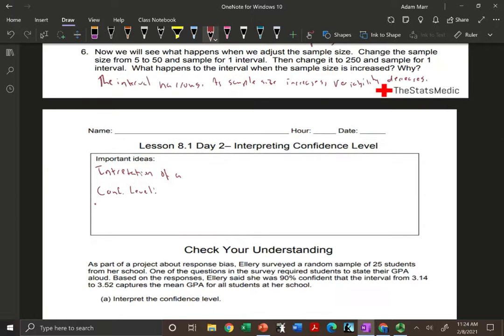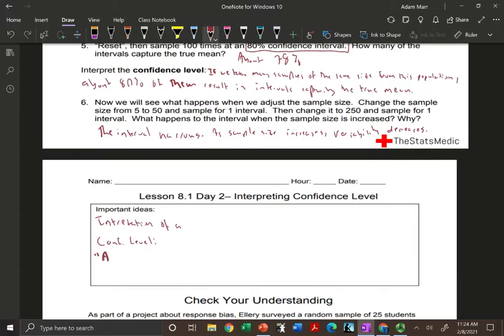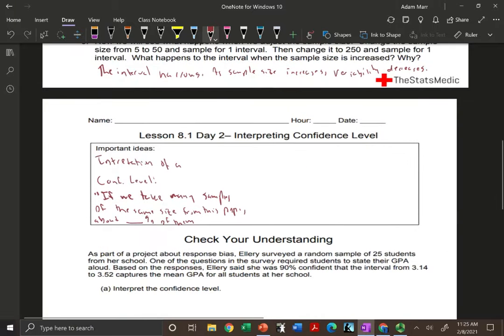If we take many samples of the same size from this population, about blank percent of them result in intervals capturing the true, and then we're going to put blank right here because it depends.